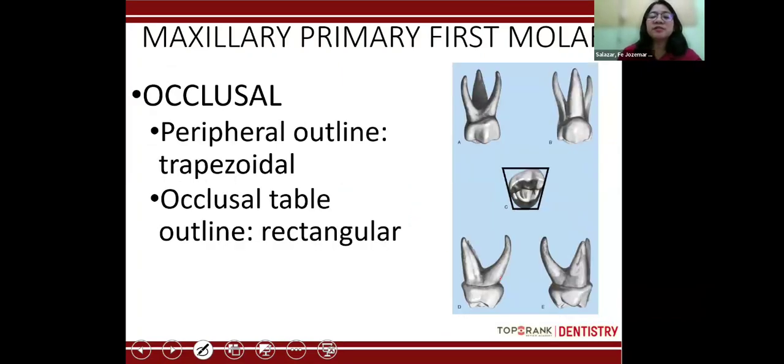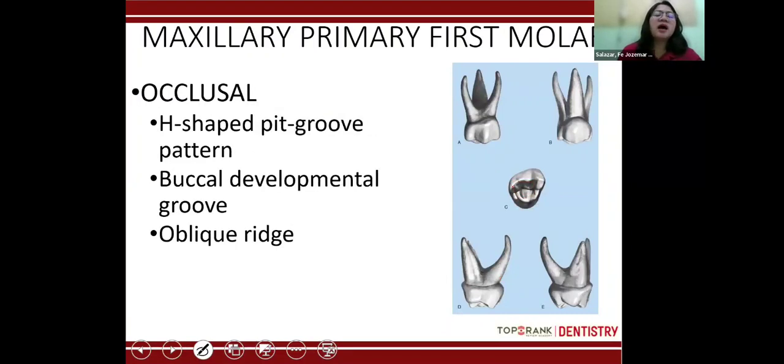Peripheral outline is trapezoidal. Occlusal table outline is rectangular. Yan. It has an H-shaped pit groove pattern. Okay, you have a buccal developmental groove separating the two cusps, and this is a maxillary molar, so you have an oblique ridge. Again, what maxillary molar does not have an oblique ridge?